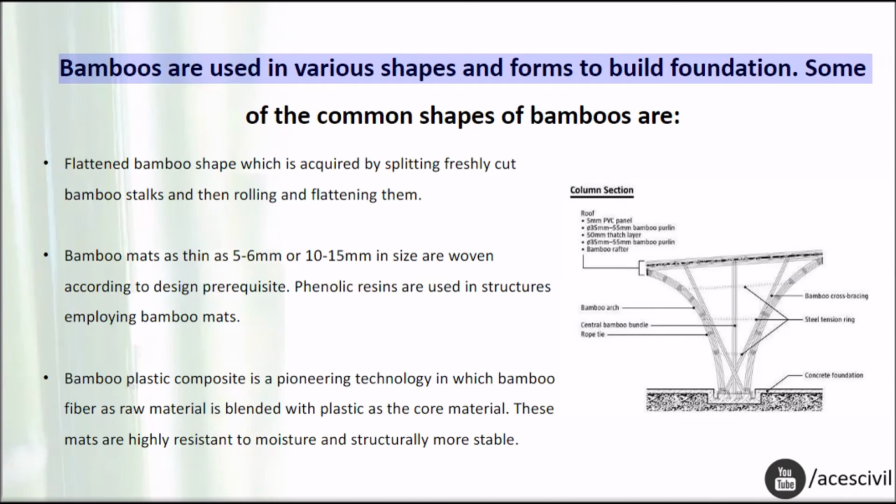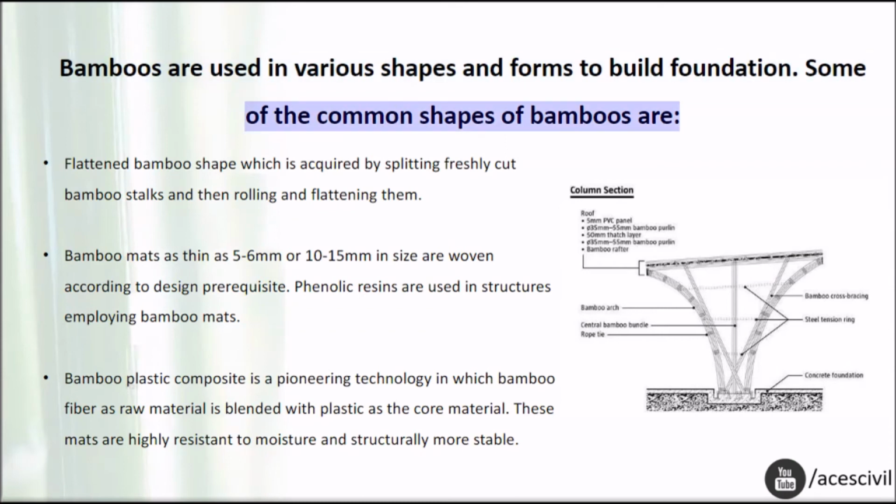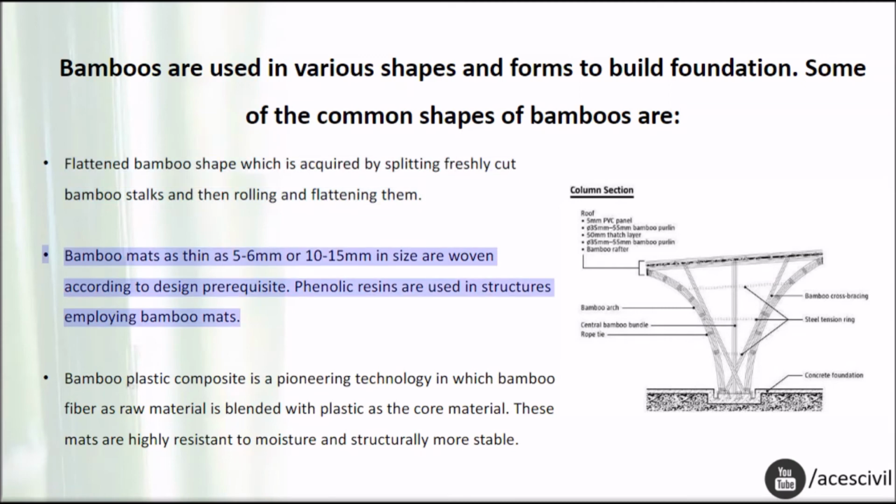Bamboos are used in various shapes and forms to build foundations. Some of the common shapes of bamboo are: flattened bamboo shape, which is acquired by splitting freshly cut bamboo stalks and then rolling and flattening them. Bamboo mats as thin as 5 to 6 mm or 10 to 15 mm in size are woven according to design prerequisite.